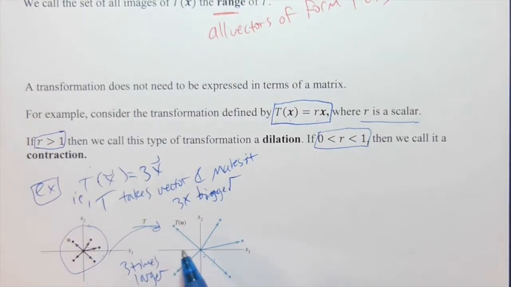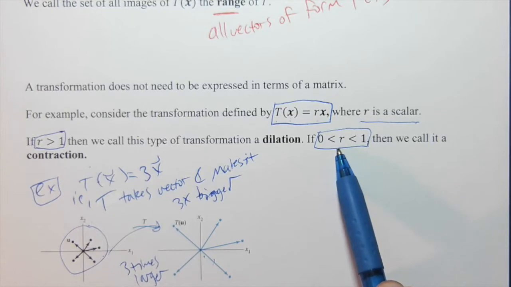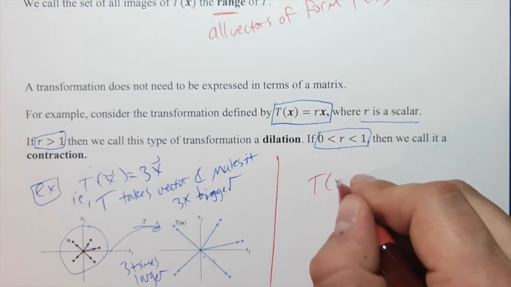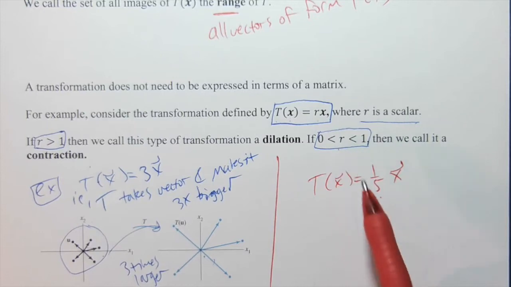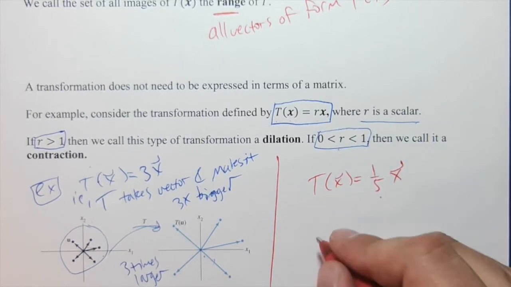We saw this sort of action when we were looking at scalar multiples of vectors, and now we're thinking about it as a linear transformation. Maybe this is the Snapchat filter that makes your face look bigger, where your nose pops out or something like that. A contraction would be the opposite, where something shrinks. We could do the exact same thing, but make the number we're multiplying by less than 1, a fraction, and that would be a contraction.